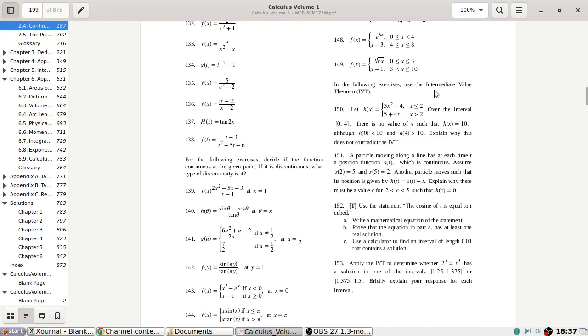In the following exercise, use the intermediate value theorem. Let h equals that over the interval 0, 4. There's no value for x such that h... Okay, let me copy these over first.